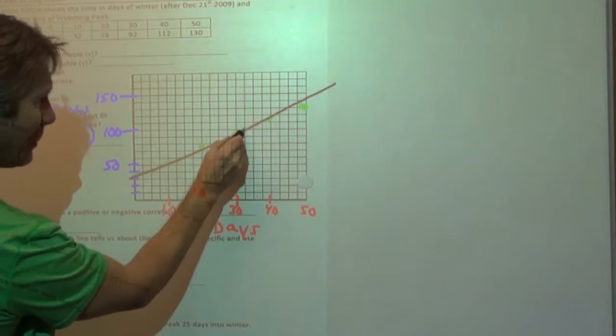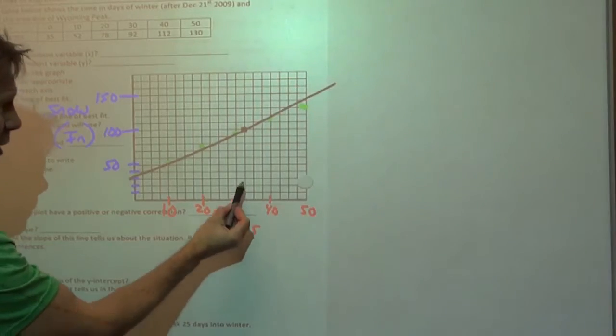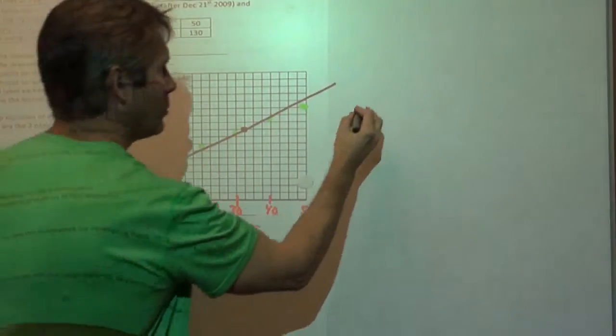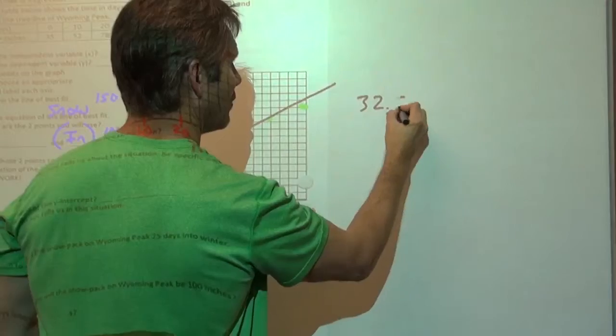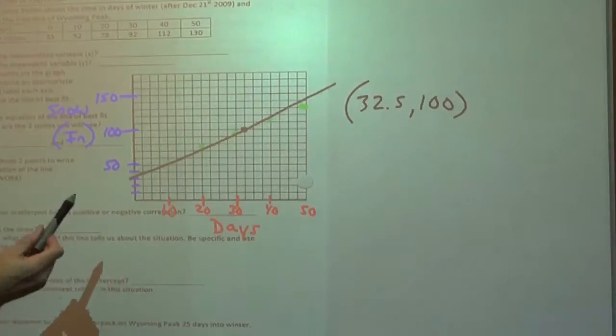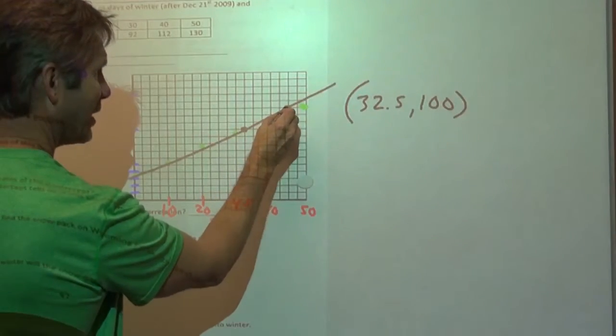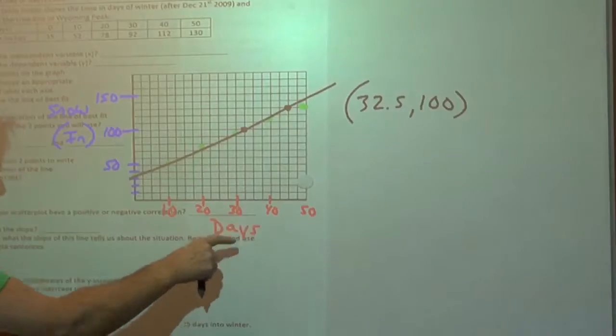This right here, I'm hitting an intersection of 2 grid marks. This would be 32.5, and that would be 100. So I'm going to say one of my points is the point 32.5 and 100. Then I'm going to find another place where the line hits, and I see one right up here. This line is hitting exactly in the intersection of 2 grid marks.